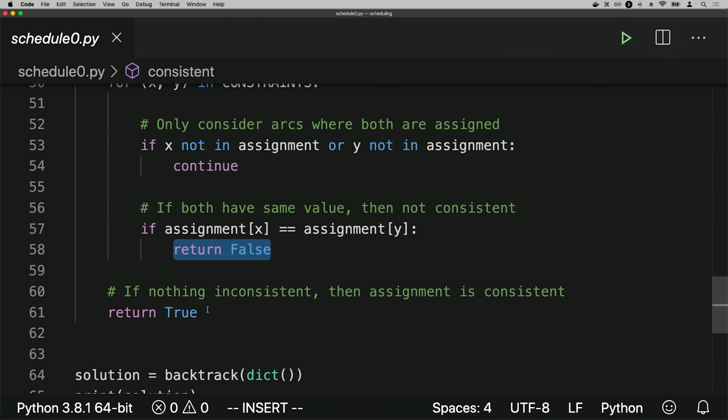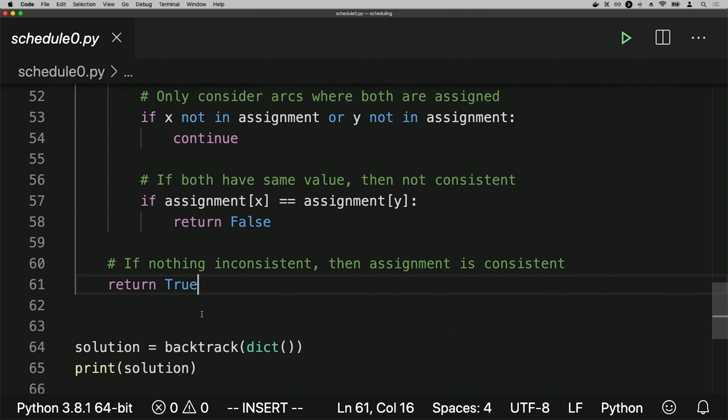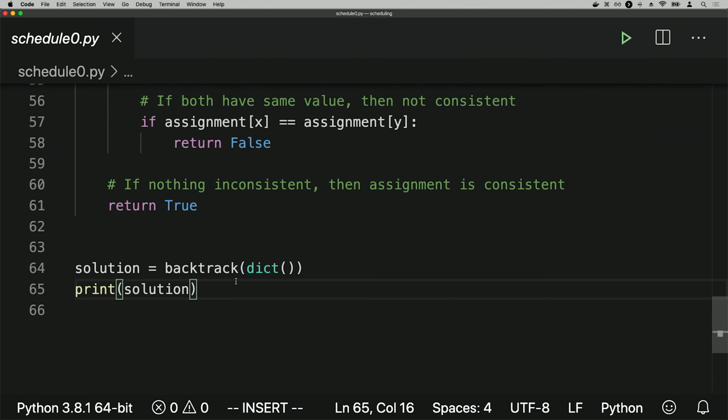But if nothing is inconsistent, then the assignment is consistent and will return true. And then all the program does is it calls backtrack on an empty assignment, an empty dictionary that has no variable assigned to no values yet, save that inside a solution, and then print out that solution.